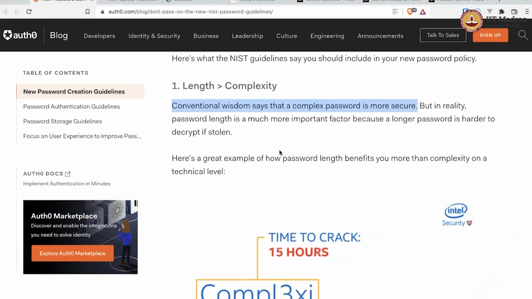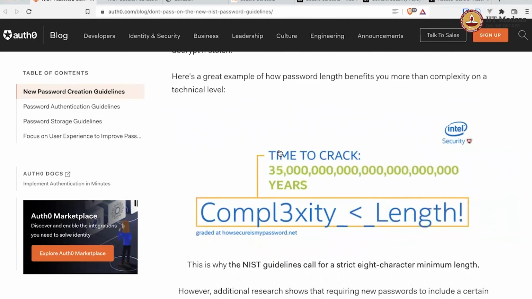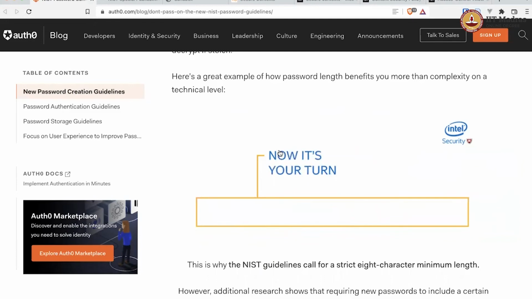Everything else about it is probably unnecessary, right? And essentially, the point is by having a long password, which is hard to guess, which could be as simple as taking 2 or 3 words and putting them together, right? You are making it extremely hard for a brute force system to be able to break the password.